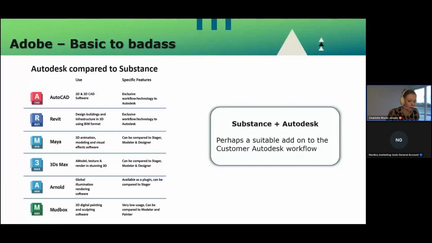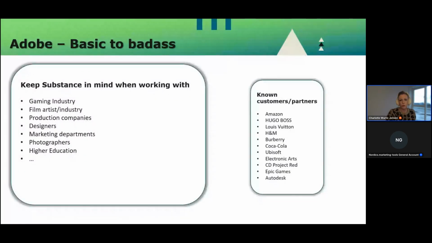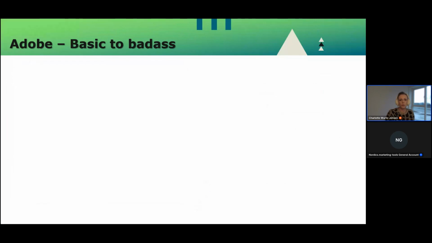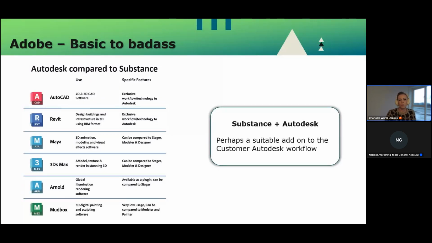And on my slide before, I just showed you a few customers and partners that Adobe is working with on Substance. I know these are huge customers, of course, but you also see Autodesk, which is also a competitor to Adobe, but they are also partnering up on the products.